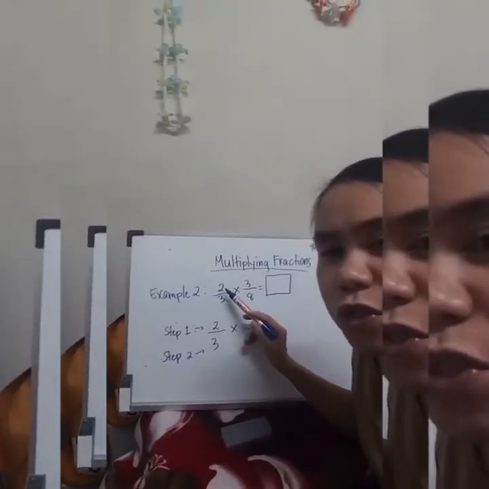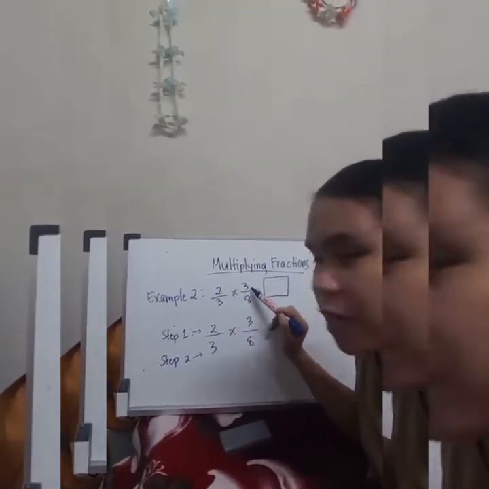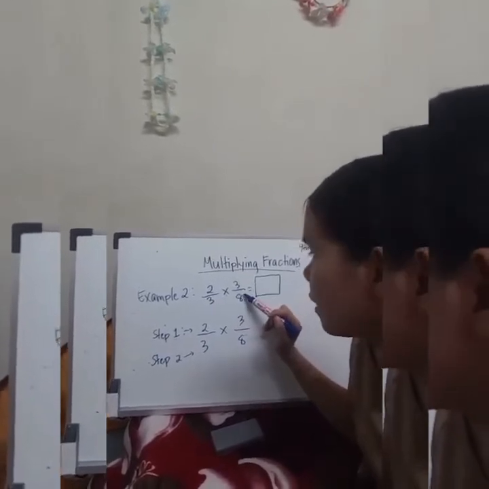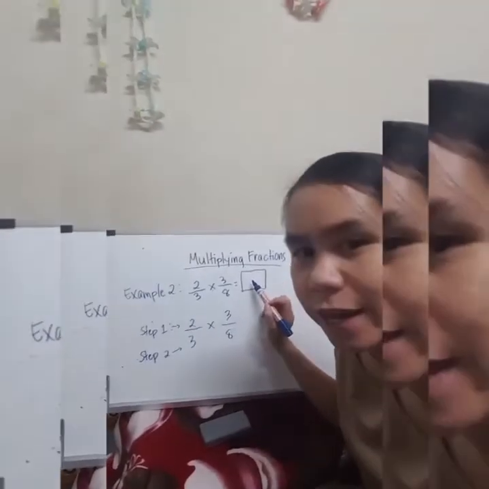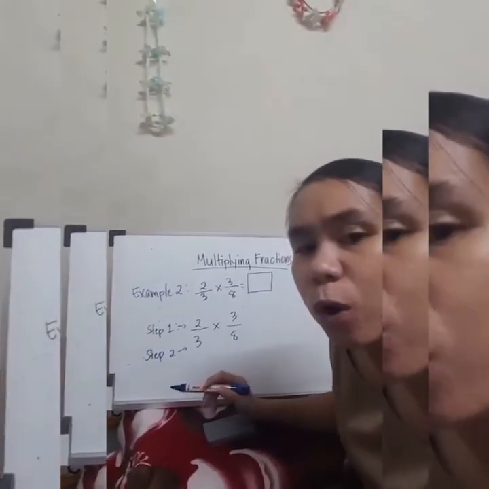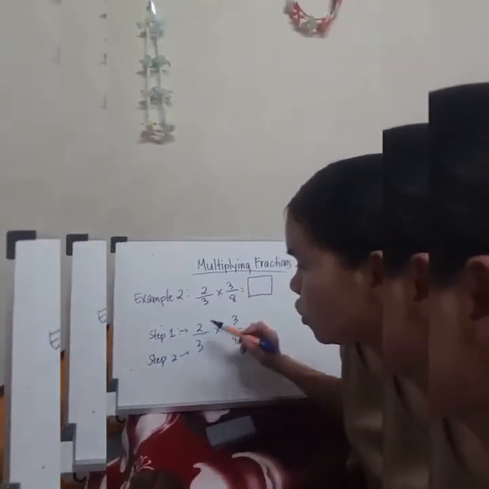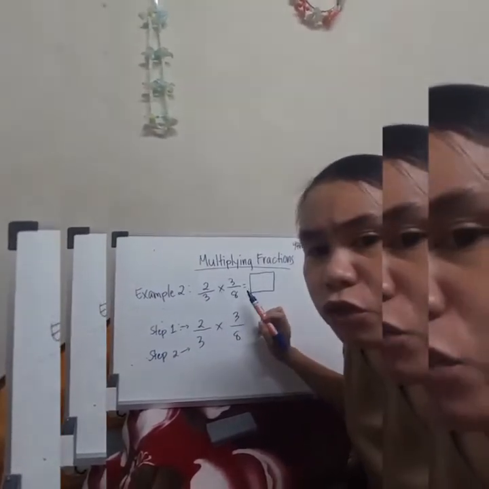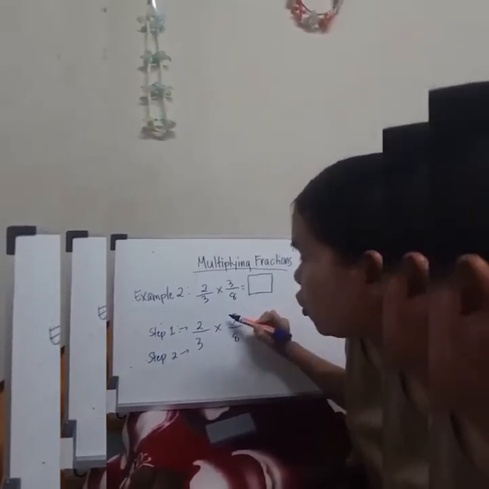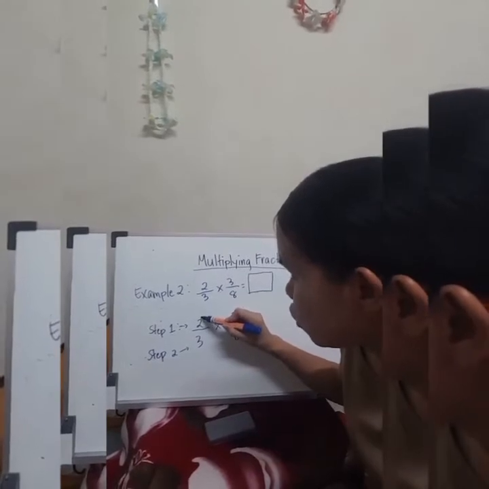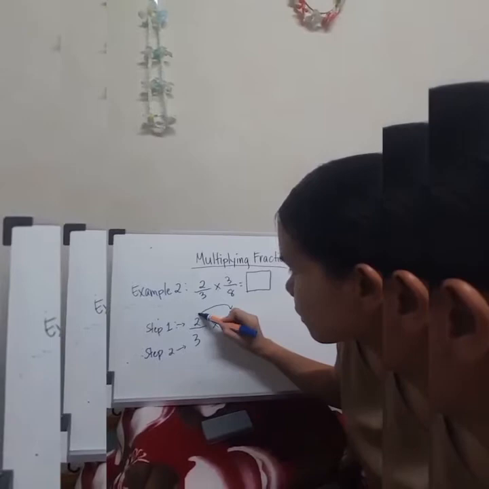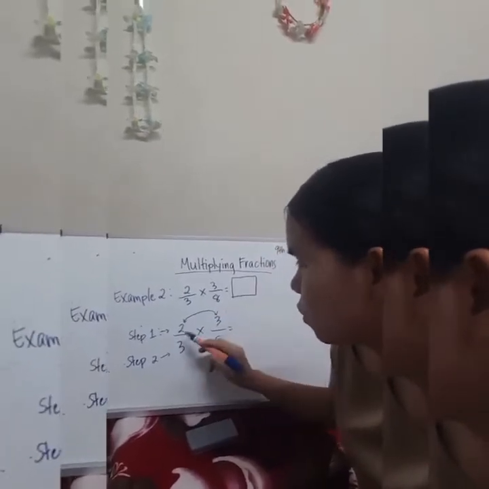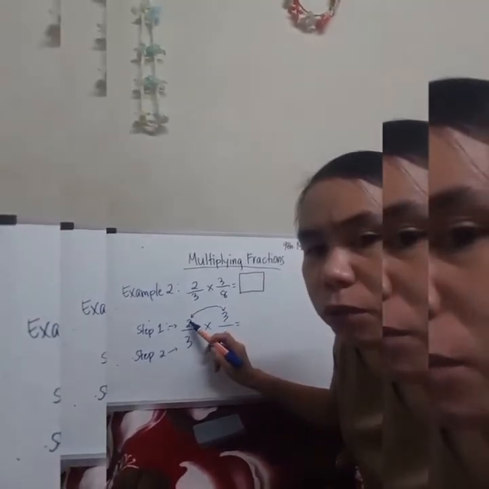Example number 2, 2/3 times 3/8. The answer is still unknown, so we need to find out what the answer is. So again, recall step 1, which is multiplying numerator by numerator.